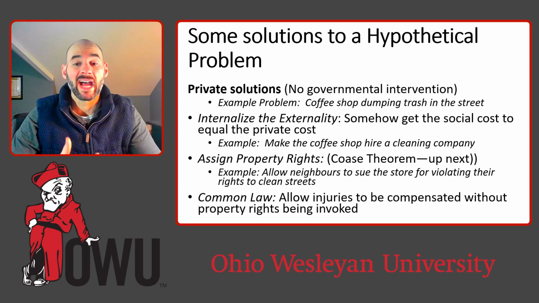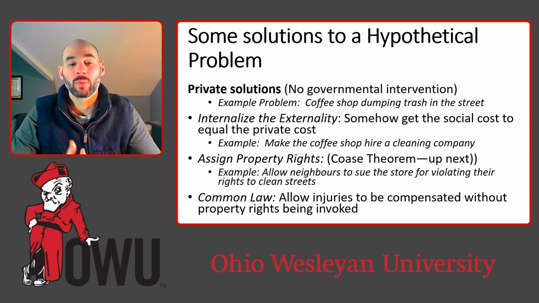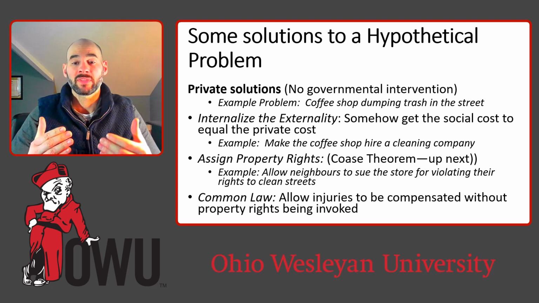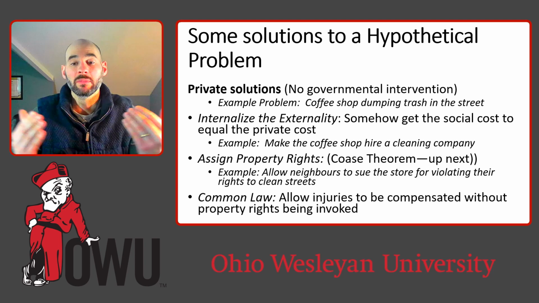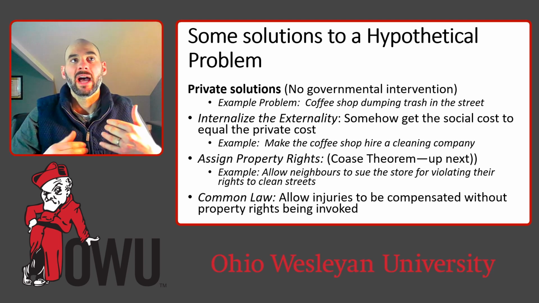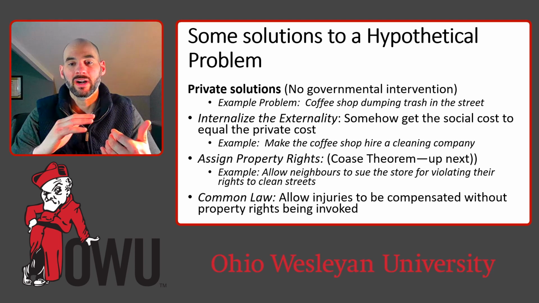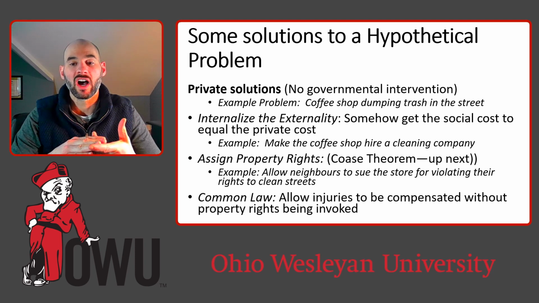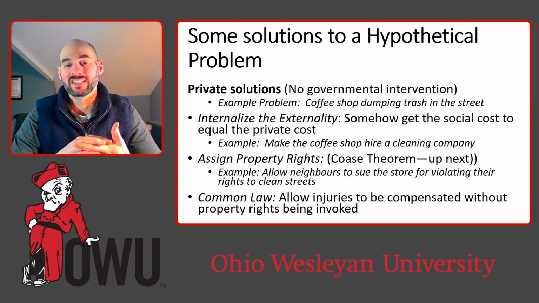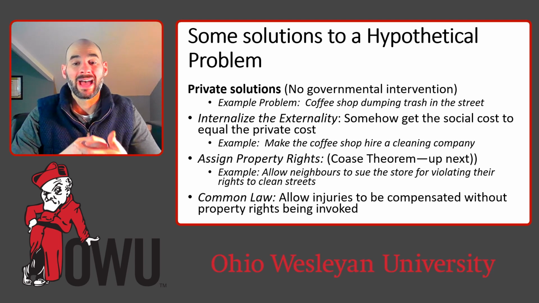We could assign property rights, and this is going to be what we're going to focus on next week, thinking about how we can have an efficient solution which is derived from negotiation between parties that either pollute each other or impose some sort of external cost on another party. And so in this example, we could allow neighbors to sue the store for violating their rights to a clean street.